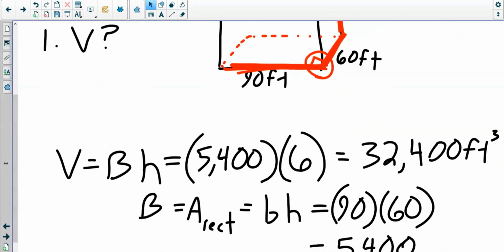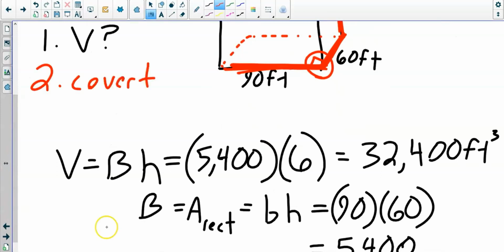We need to convert. So we've got to figure out feet cubed to yards cubed. And again, this is where you go back to those conversion notes. You'll want to look at page 1. And on there, you'll see a formula. I thought it was on page 1.